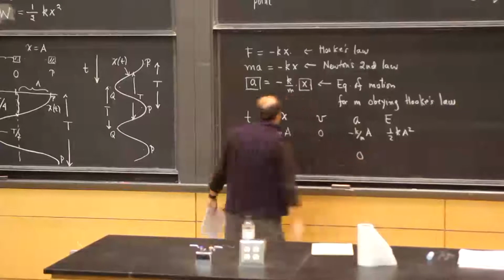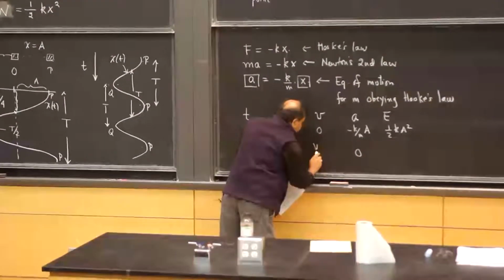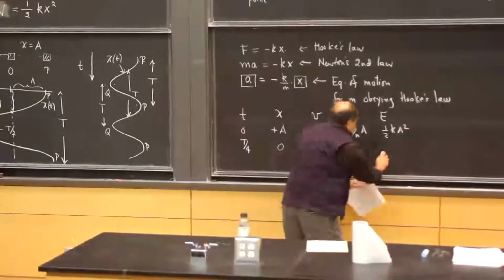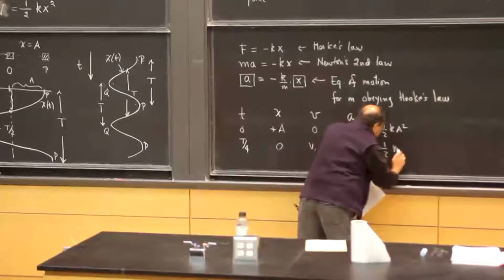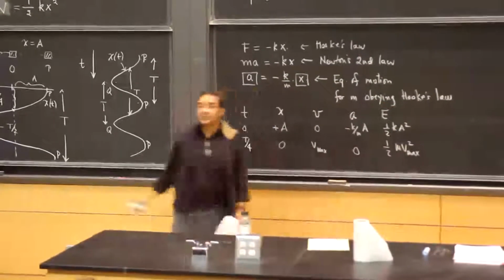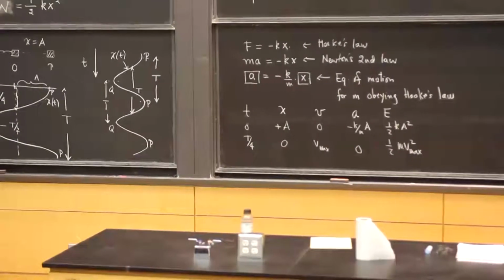If force is 0, all the energy is kinetic, so therefore you must have a Vmax here. And at this point the energy is 1/2 m Vmax squared, because all the energy at O is kinetic.